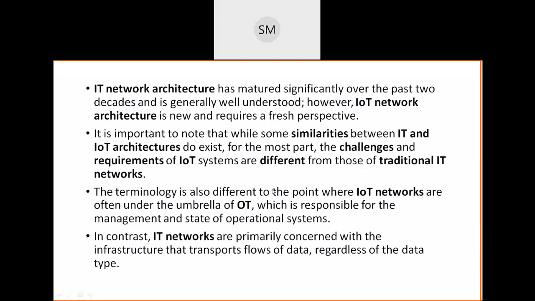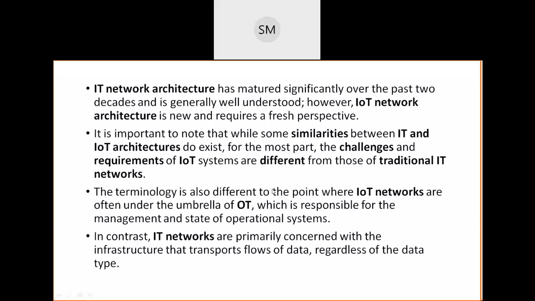So it means that in IT architecture and IoT architecture, there are some common aspects or similarities, but some different challenges.